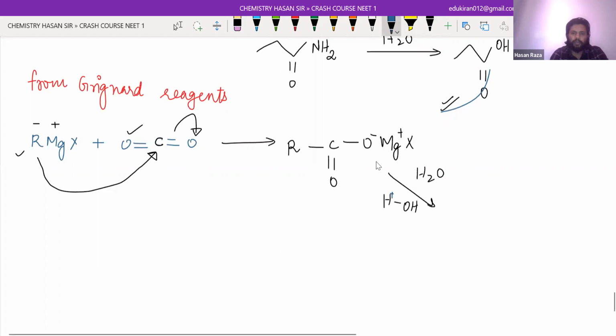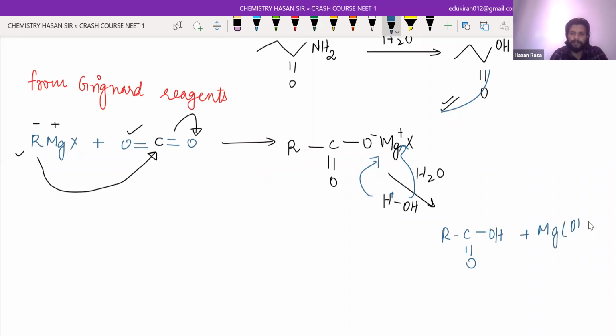So this H plus will be going with this and OH minus will be going with this. So you will be getting directly RC double bond O, OH. And here it will be MgOHX. This is the byproduct. We don't need to deal with this. This will be converted into carboxylic acid.